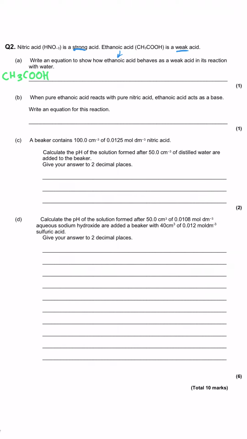It dissociates into a hydrogen ion, of course, because that's what acids do, and the conjugate base, which is the ethanoate ion, as I've shown there. The trick here is this is a weak acid, which means that you cannot show the regular full arrow. This is only partial dissociation, so we need to show it as a reversible reaction like so. And that's actually all that you need to do to get the 1 mark.